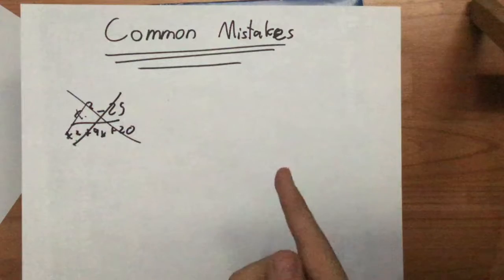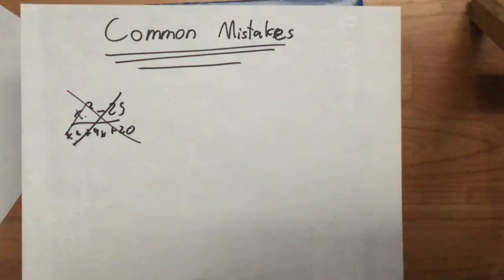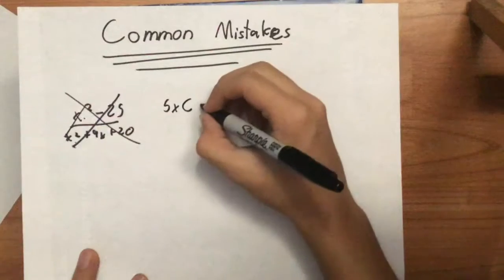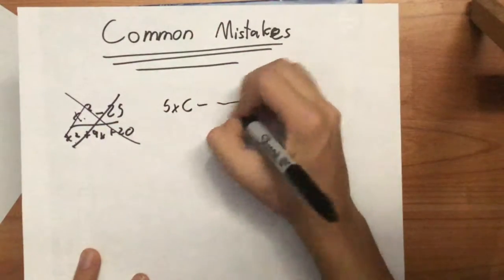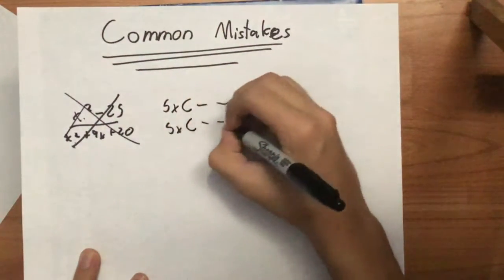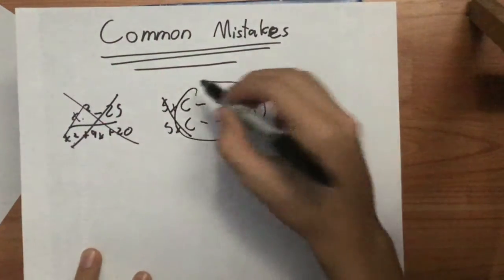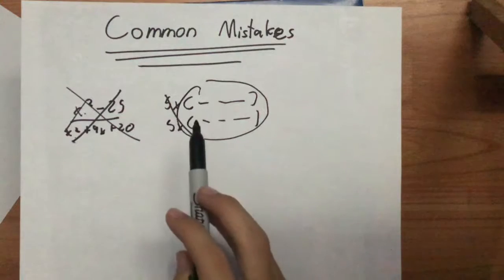You cannot cancel terms like that, only if they are multiplied. Maybe we have 5x and stuff like that, then we can cancel this out, and the answer will be this one. But only if multiplied.